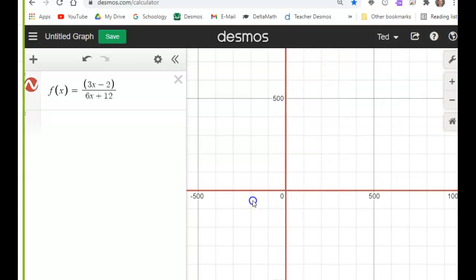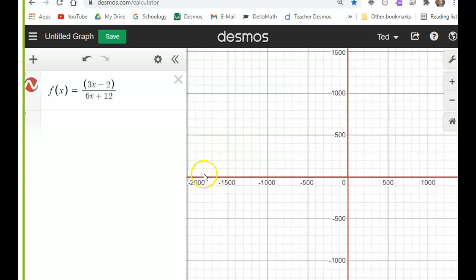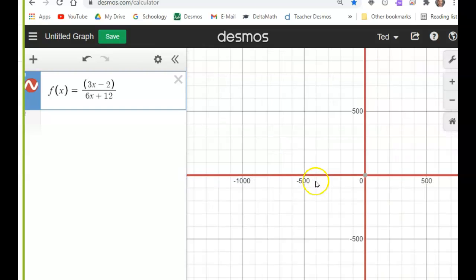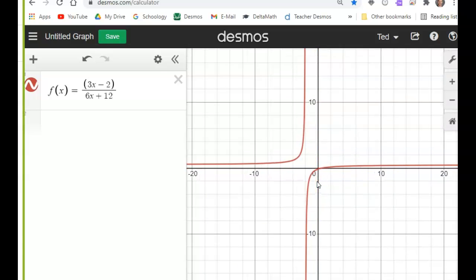And if I keep zooming out, now that doesn't do it justice. See how my y value is hitting that 0.5? I could keep going out and out and out. Eventually, it's going to get so close that the y value is going to say, hey, it's 0.5. You're going to approach it. We actually will never hit that because it's an asymptote.